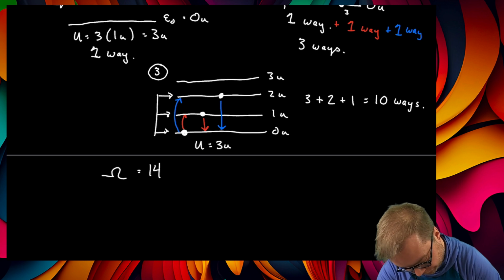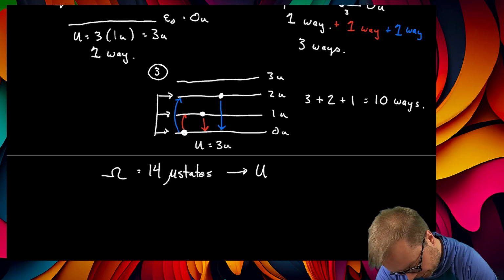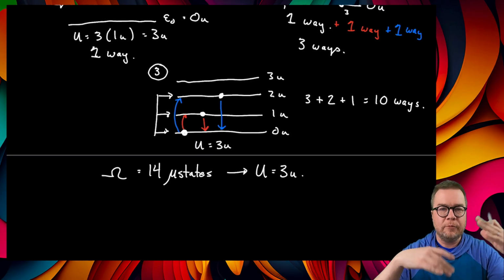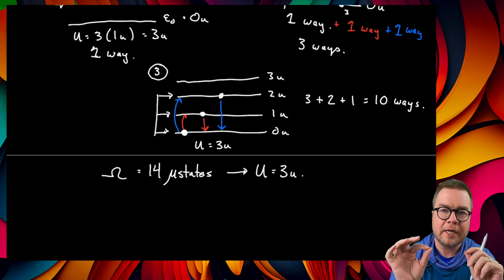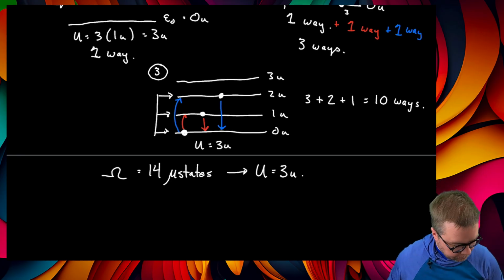I've got 14 different microstates that yield an internal energy of 3U. And if these are all equally probable, then you can imagine these things are constantly moving between these different energy levels, giving the same energy for the system. It's just the particles themselves are going to have different contributions to that total energy.